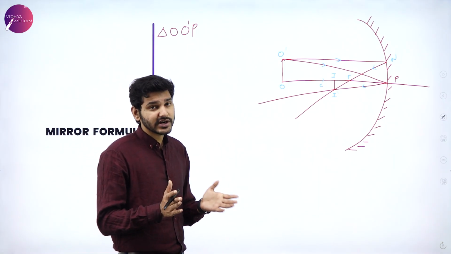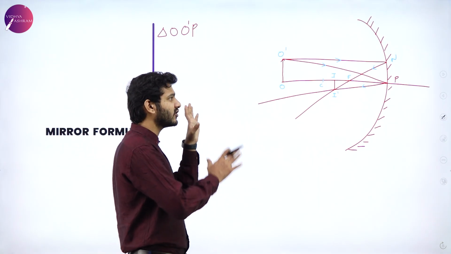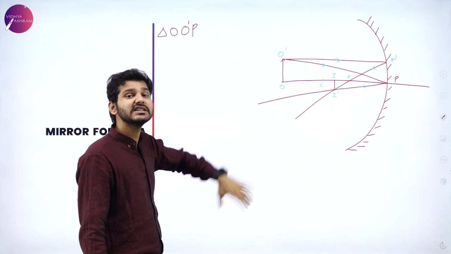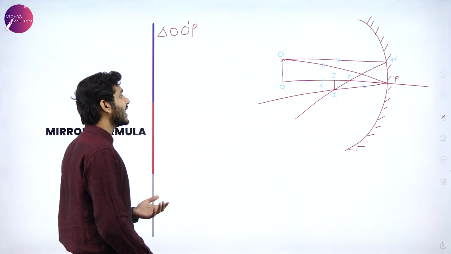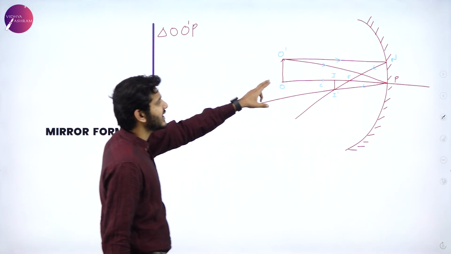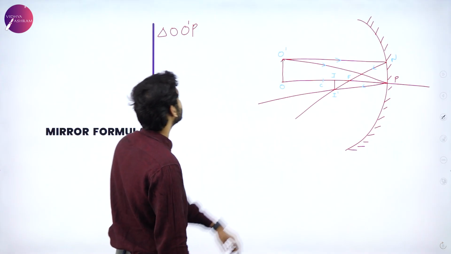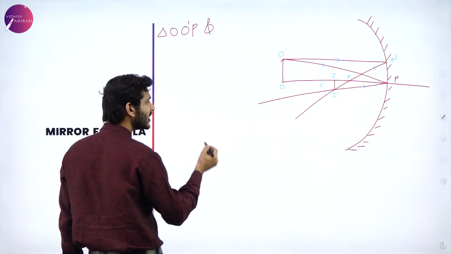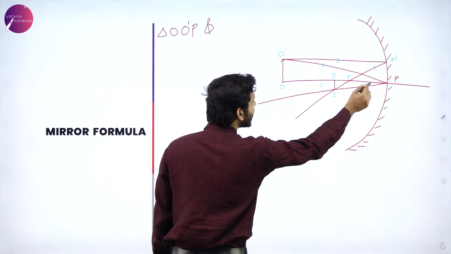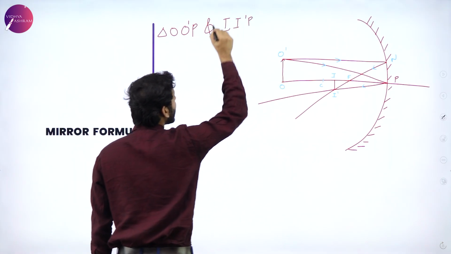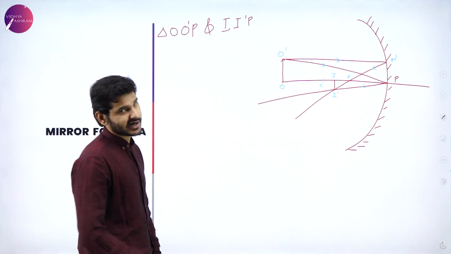I hope you already know this because I'm not going to focus too much on the figure; I'm going to focus a little more on the derivation part. This triangle made by the object and that ray of light, that is O dash P, and the smaller triangle, that is I dash P, are actually similar triangles.